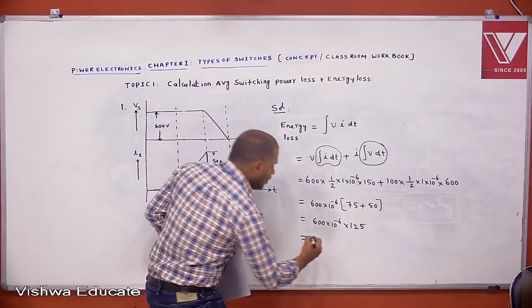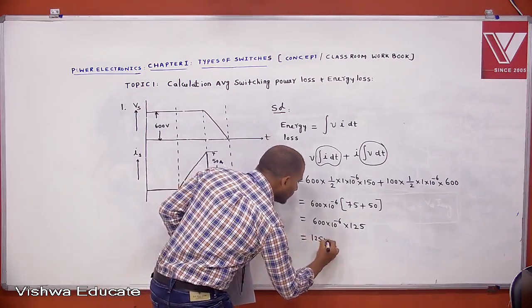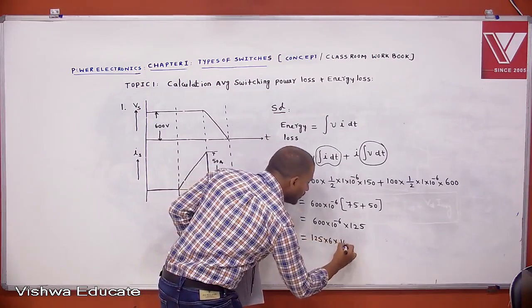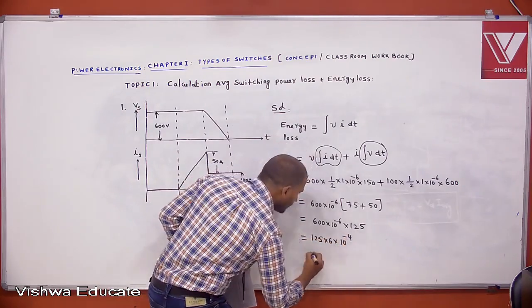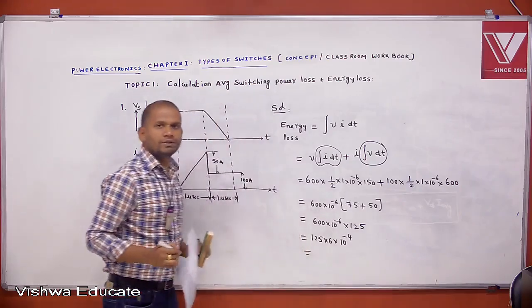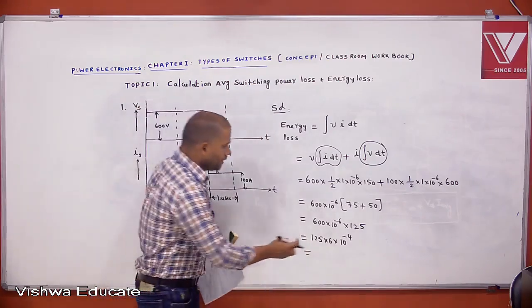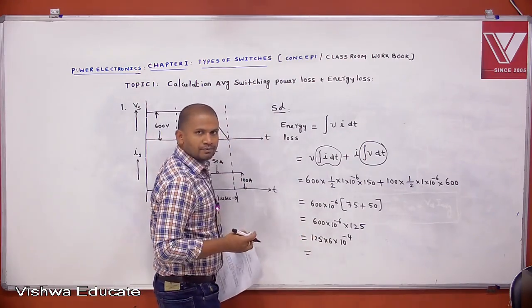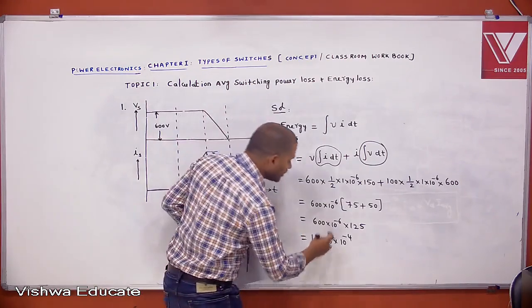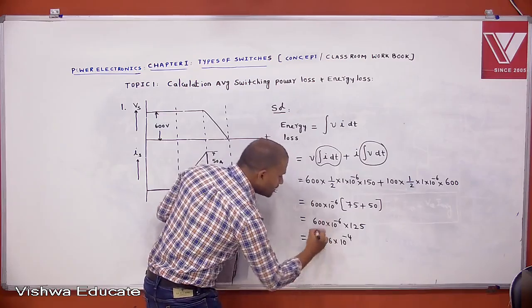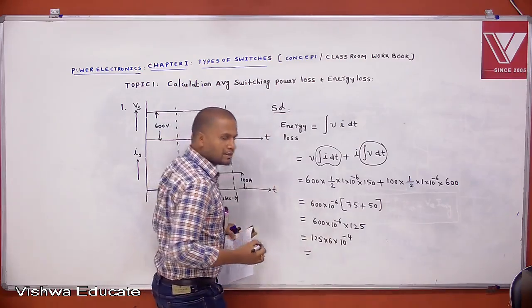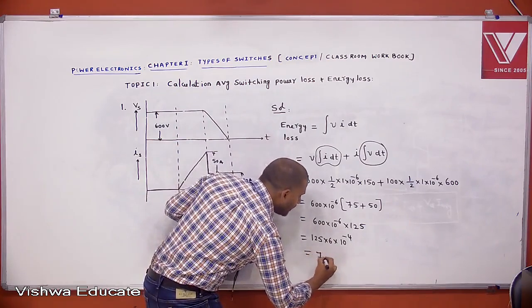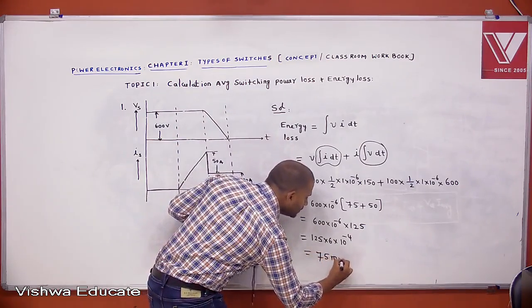Yes, 125 into 6 into 10 to the power of minus 4. 125 into 6, how much do you get? Then we get 75 millijoules.